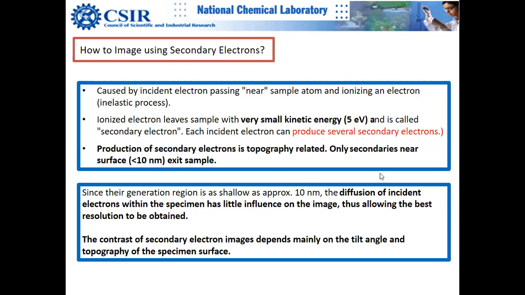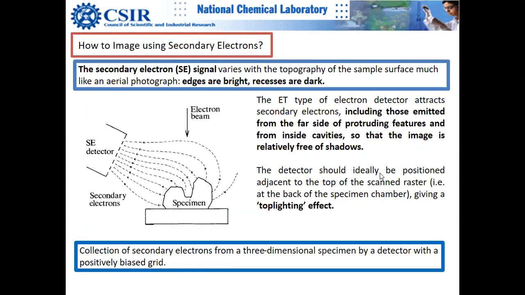So when you're bombarding with the primary beam and looking for identification of type of atom, please remember that depending upon the coating of the top layer, the backscattered electrons have the capability to give you information from deeper than 10 nanometer.